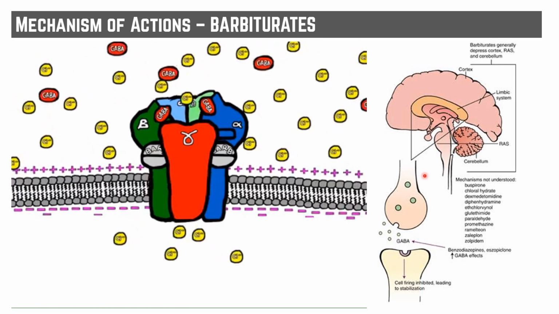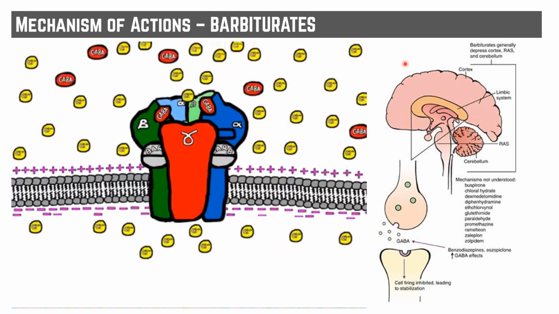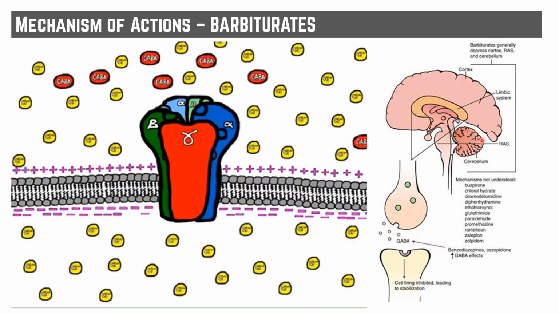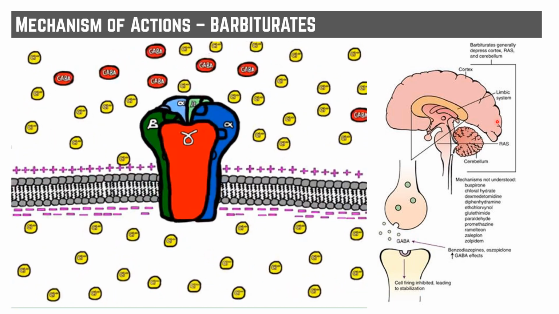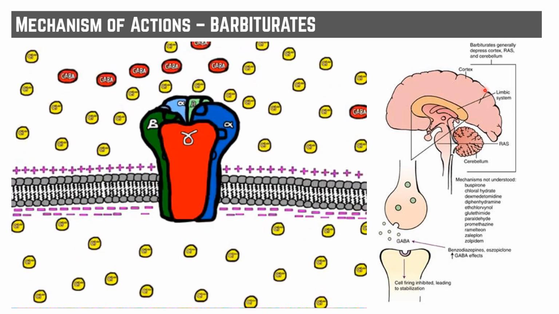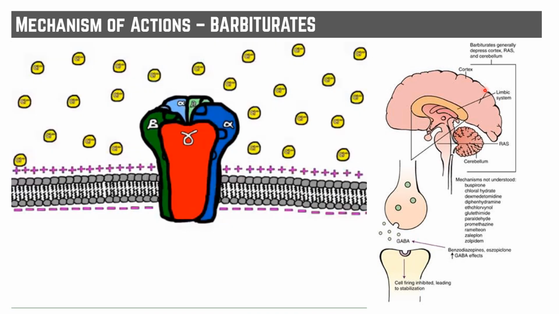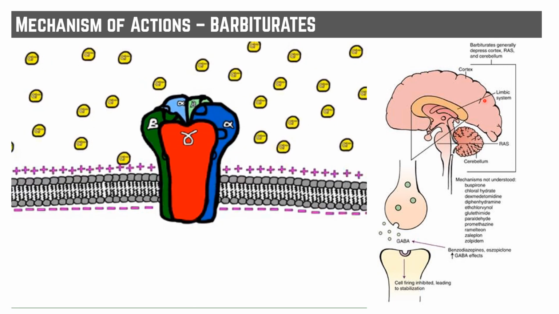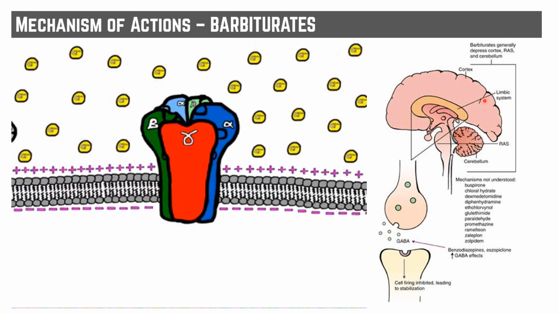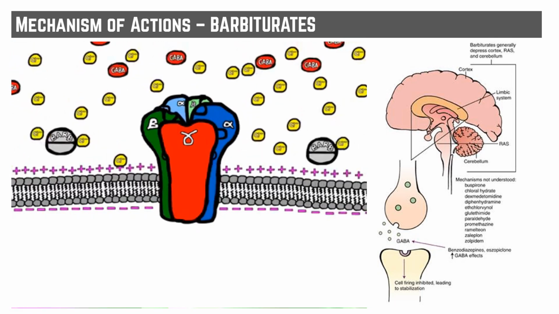Additionally, barbiturates also affect the cortex as well as the cerebrum area, which affects consciousness, memory, attention, thought, and motor output. So in general, barbiturates have several pharmacological effects, which are sedative, hypnotic, anticonvulsant, as well as muscle relaxant.